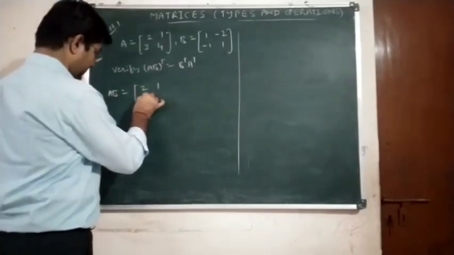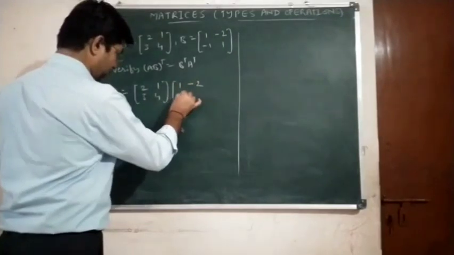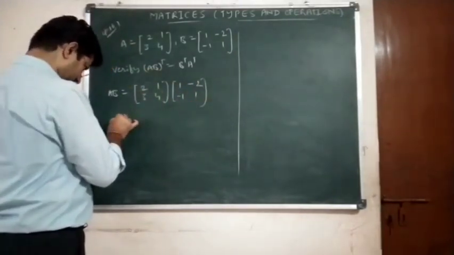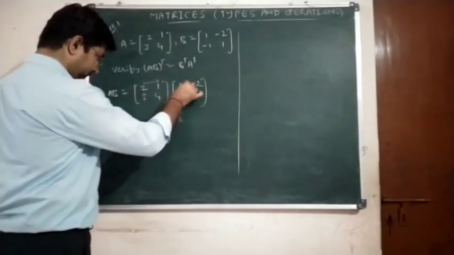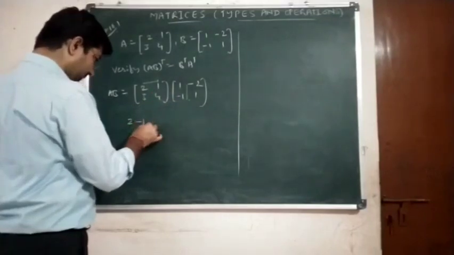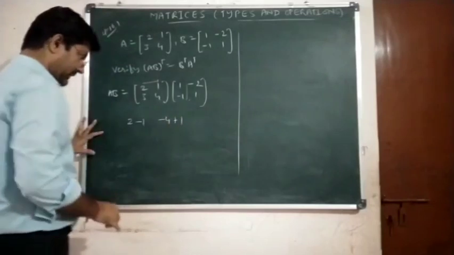2, 1, 3, 4 multiplied by 1, minus 2, minus 1, 1. Okay, so 2 1s are 2 plus 1 into minus 1, again 2 into minus 2 is minus 4 plus 1 1s are 1.